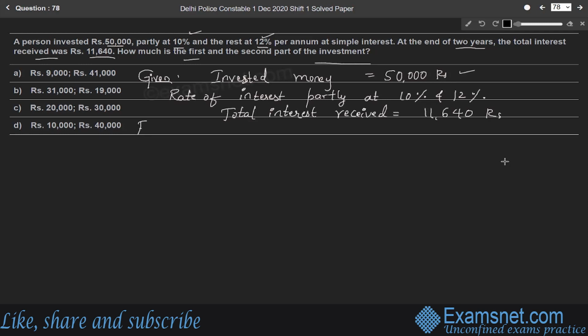For this, we are using the formula simple interest, SI, or the symbol is I, is equal to PTR by 100, where P is principal amount, T is time period, and R is rate of interest. So calculation.